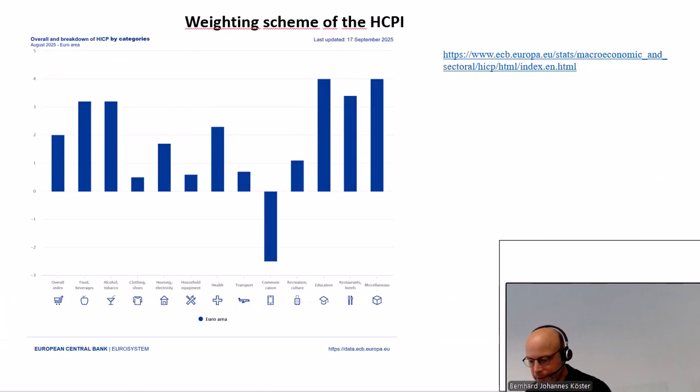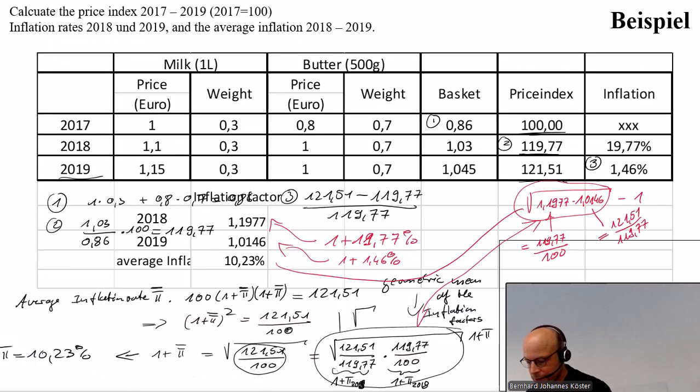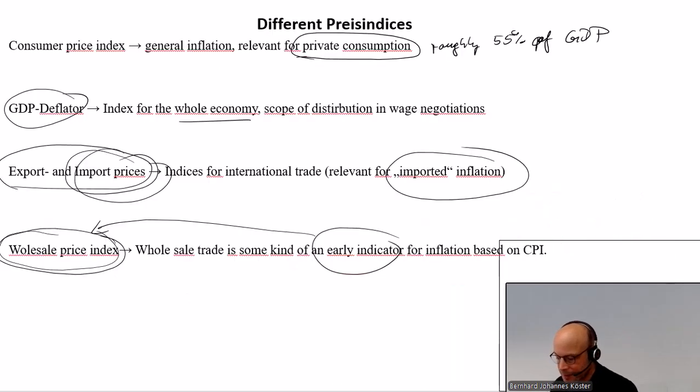And then of course, doing this little example, we talked also that there is not only the consumer price index, but we have different parts of GDP, especially the export and import prices.